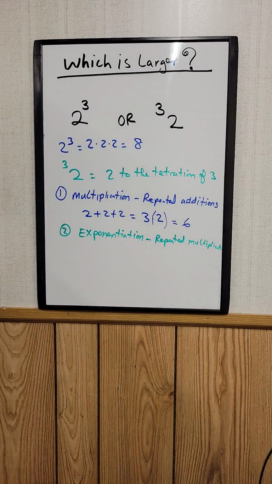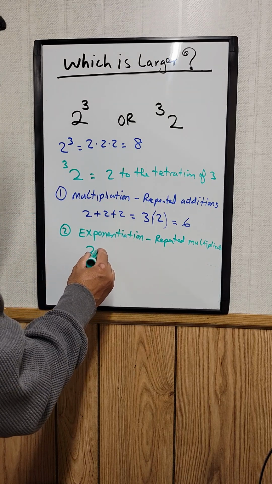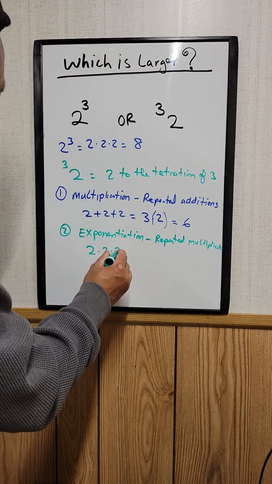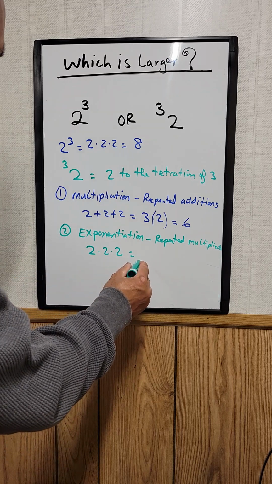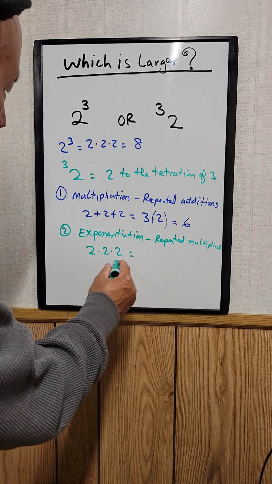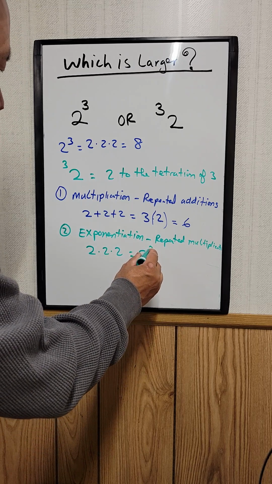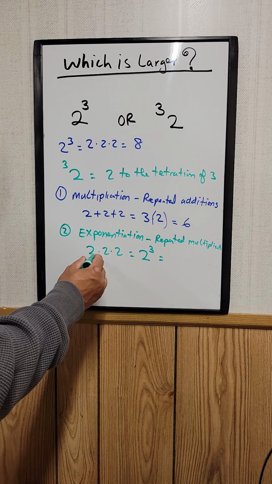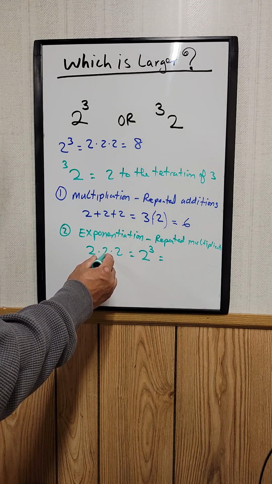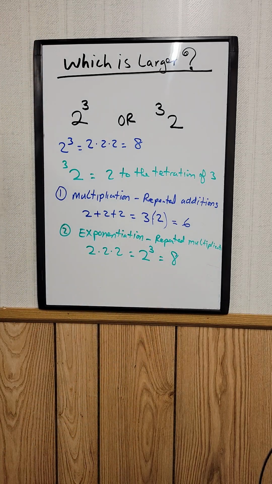For example, 2 times 2 times 2, you can rewrite that as 2 to the third power, which is equal to 2 times 2 is 4, 4 times 2 is 8. So that's the answer. How about the last?